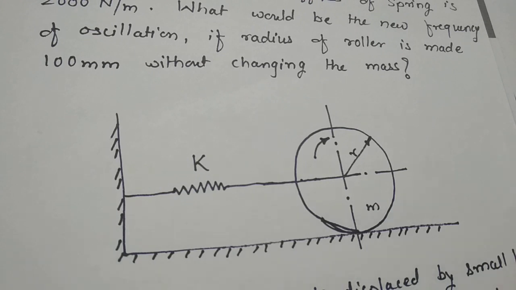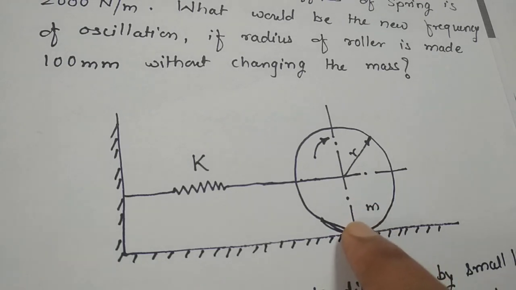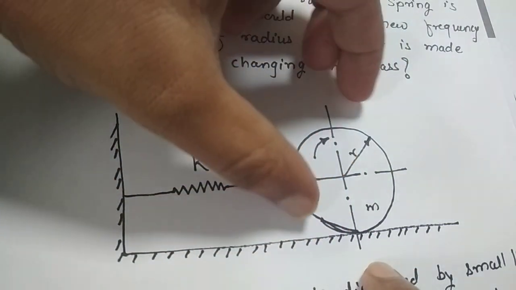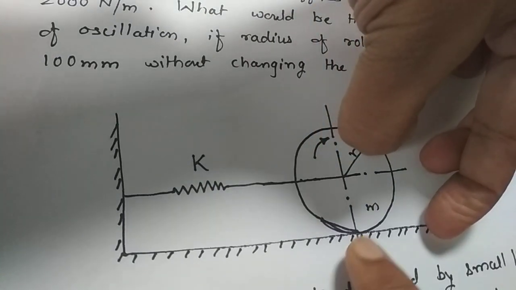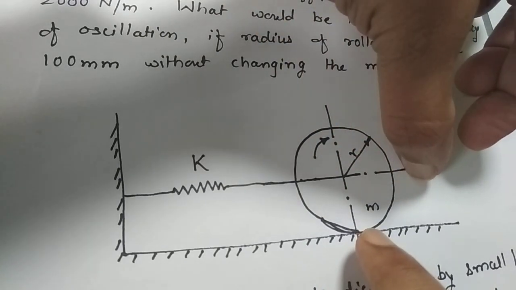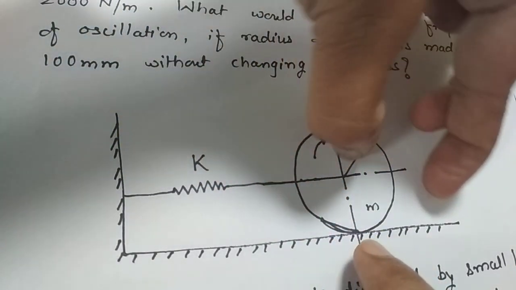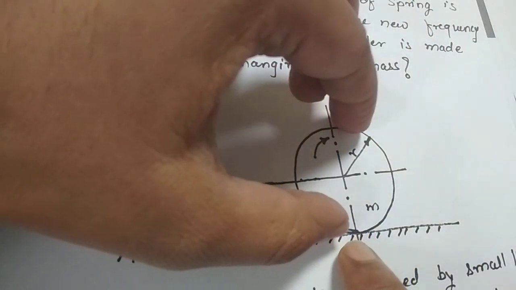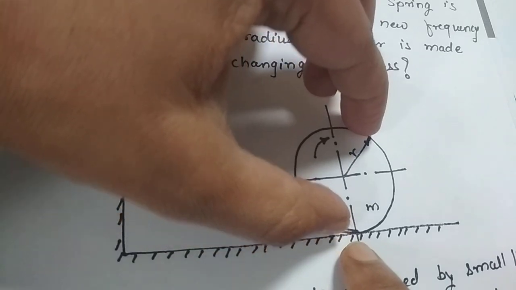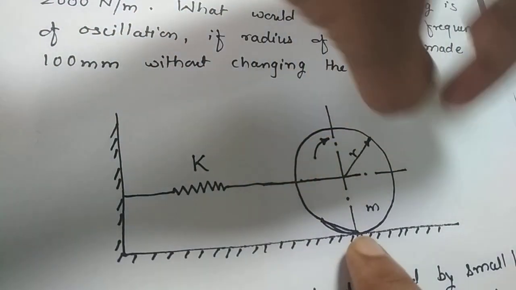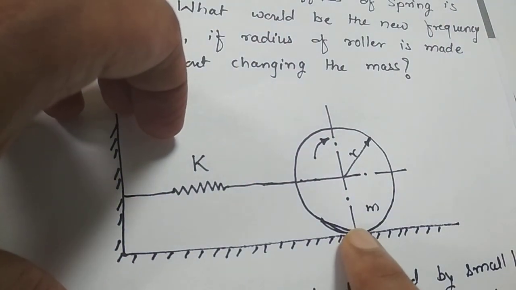So here what energies are present? As this roller is rotating, simultaneously this center point is moving from this to this, as the roller is rotating. So what will be the kinetic energy? Kinetic energy is a combination of rotary motion and linear motion for this roller.